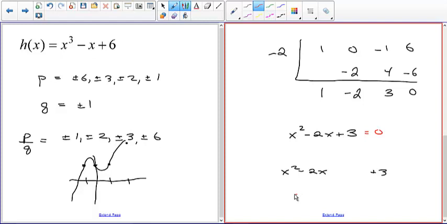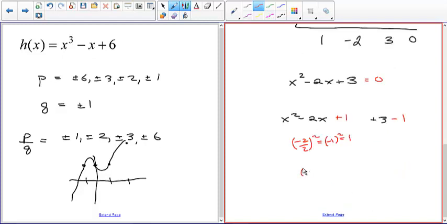So we take the coefficient in front of x, divide by 2, square it, which is negative 1 squared, which is 1. So we add 1 here, and we subtract 1 there. So that becomes x minus 1 quantity squared, plus 2 equals 0.